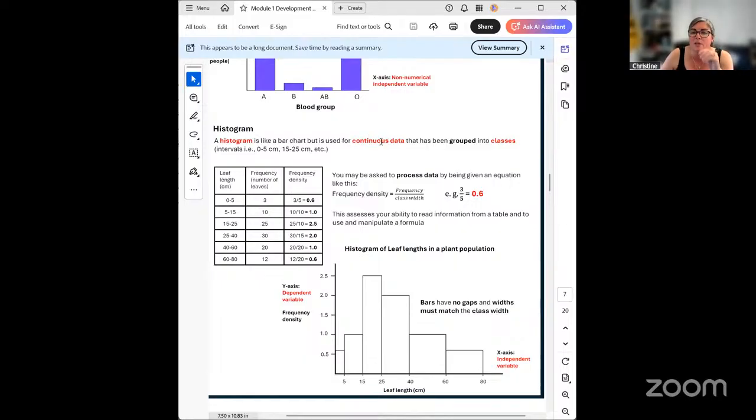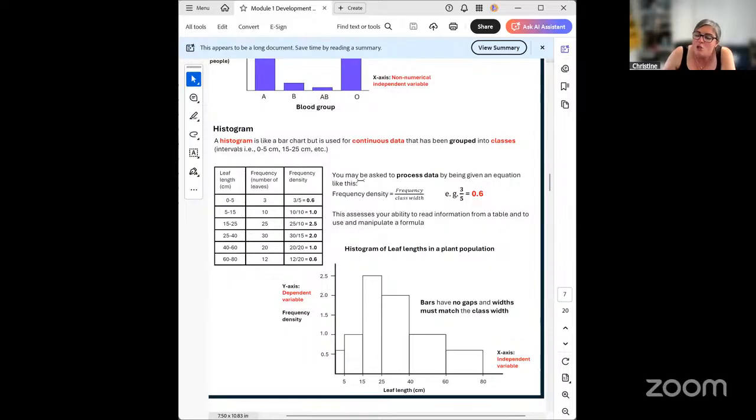Because it's for continuous data, you're going to group things into classes. So you've got those intervals, whatever those intervals might be, and therefore you're going to end up with a frequency density. And that's what you're going to be plotting.